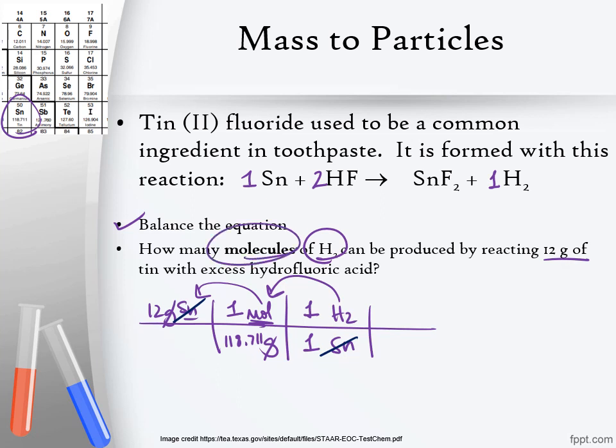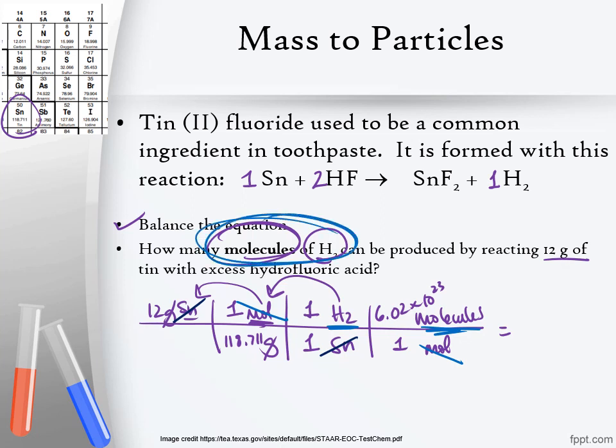I want molecules of hydrogen. So I'm going to put those moles on the bottom, turn my moles into molecules. What do we know about molecules and moles? We know that there are 6.02 times 10 to the 23rd molecules in 1 mole. So now we have successfully canceled out moles top and bottom. We are left with molecules of H2, which is exactly what we're trying to find.